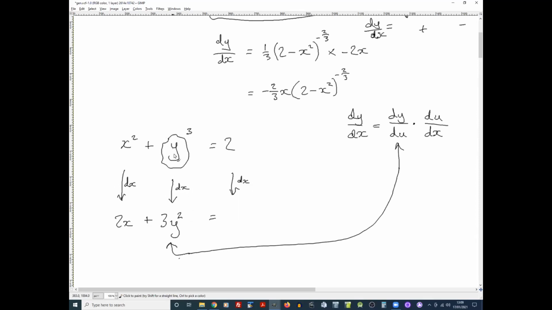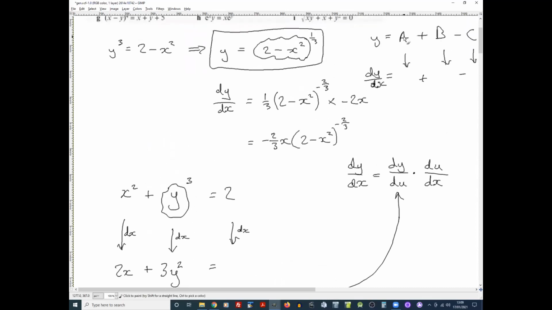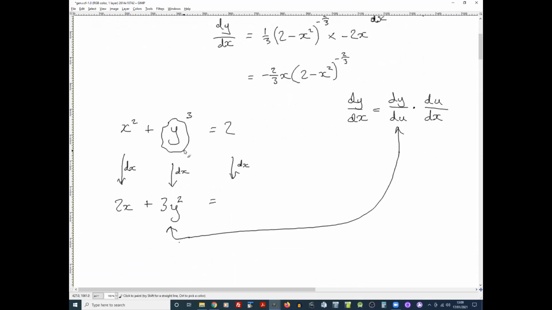I don't know. y is an implicit function of x, don't forget. Oh, yes, okay. Whatever it is. So y equals 2 minus x squared all to the third. I don't think so. All we're saying is we're multiplying by the derivative of y.